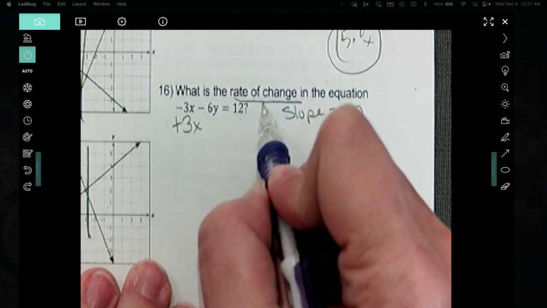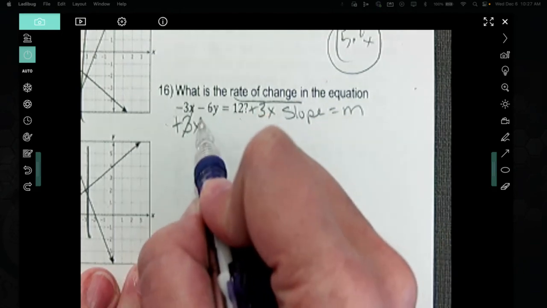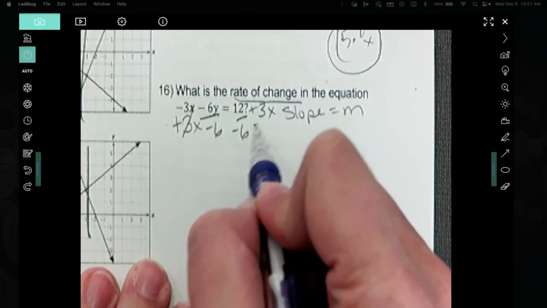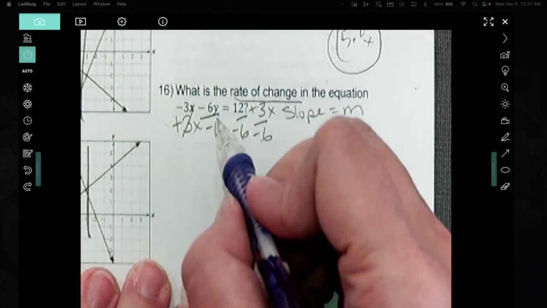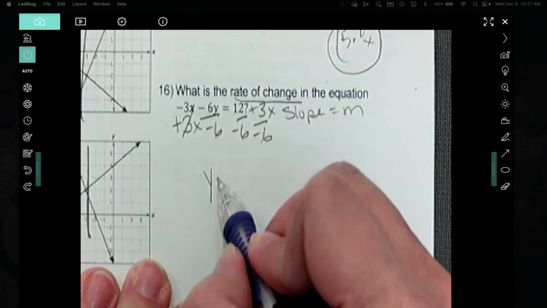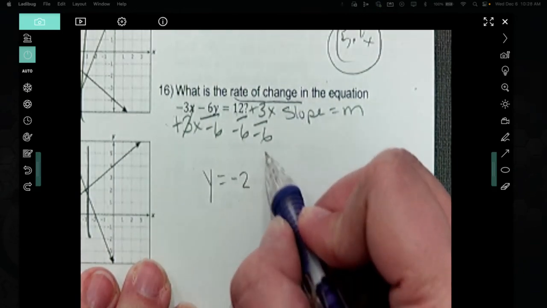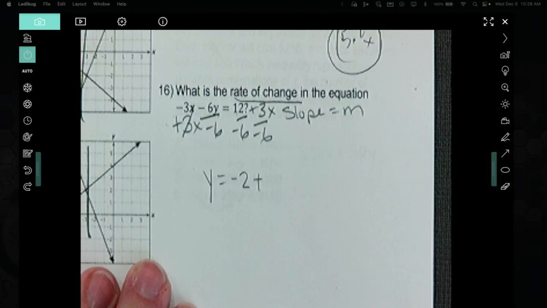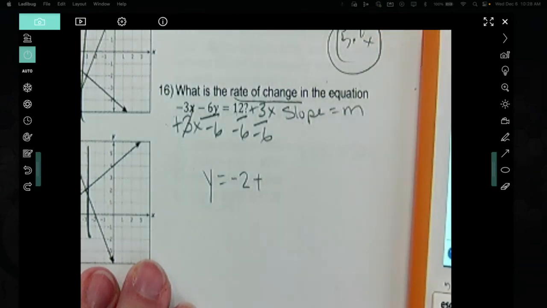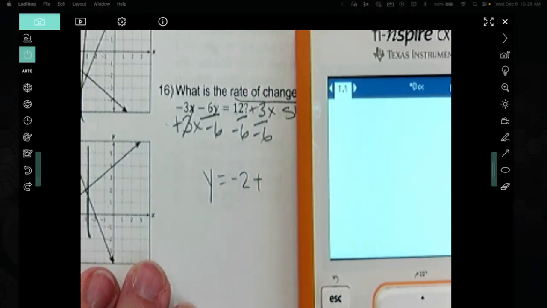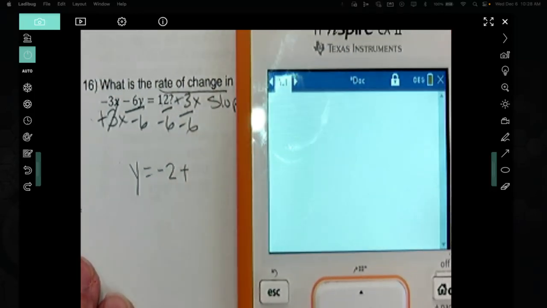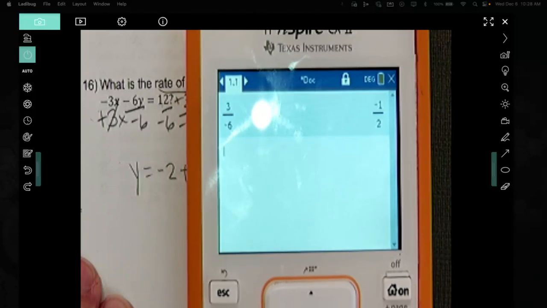You have to change it to y equals, which we've been doing over and over and over. So y equals, this is a -2. Guys, some of you simplify this incorrectly. A lot of you tell me when you see this, you're like, oh, that's -2. It's not. If you are not sure what that is going to simplify to, please, please, please use your calculator.